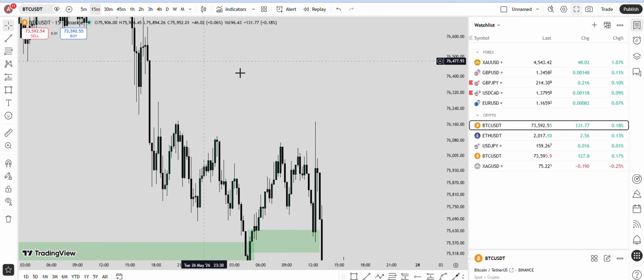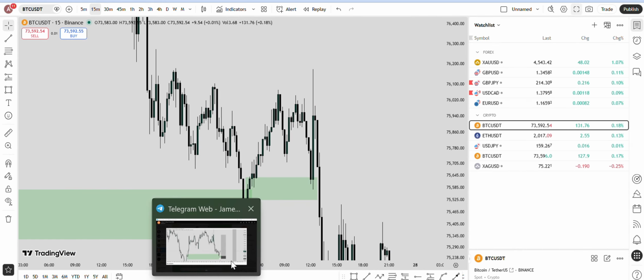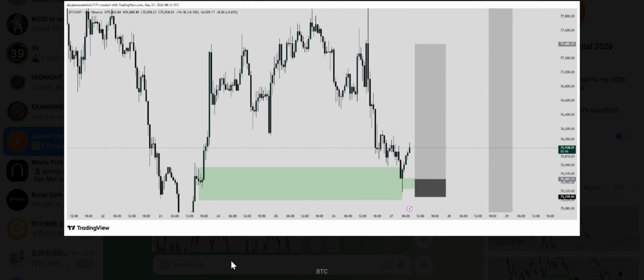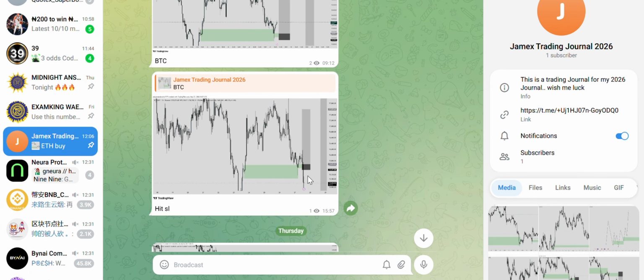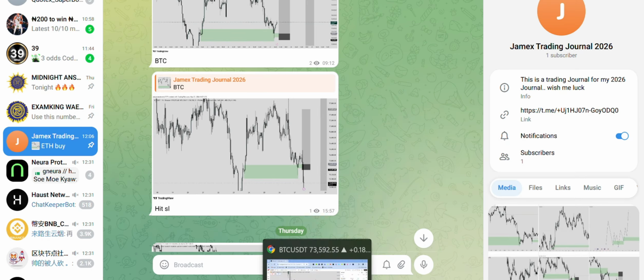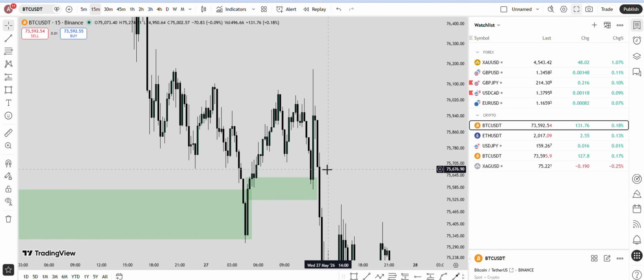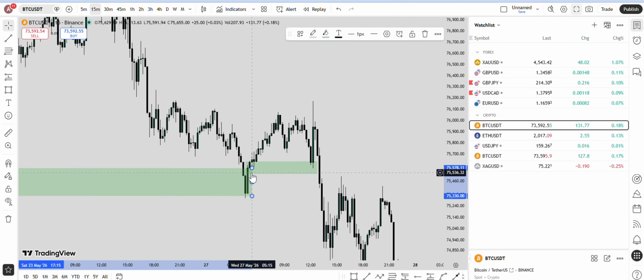I think price did me dirty, and price just sold off. After we had that confirmed, price just went down. So that was how I was able to cancel everything and start looking for a proper confirmation on BTC.